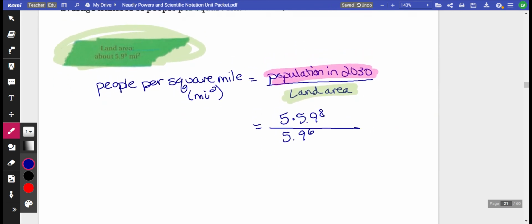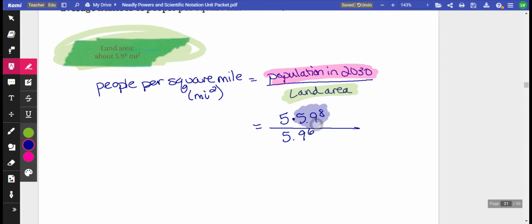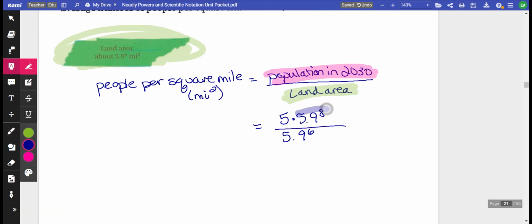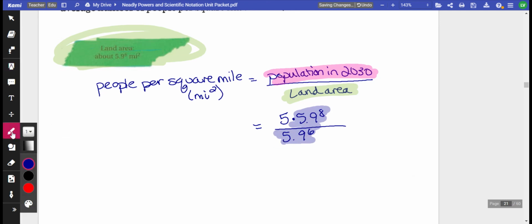So I want to simplify this by dividing them. Now, if you notice, we have some commonalities, which would be this 5.9 to the 8th divided by 5.9 to the 6th. So I'm going to break this into two fractions, just like I have before, as if they were letters or variables.